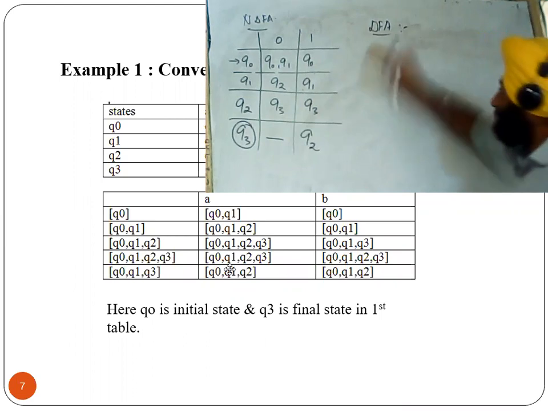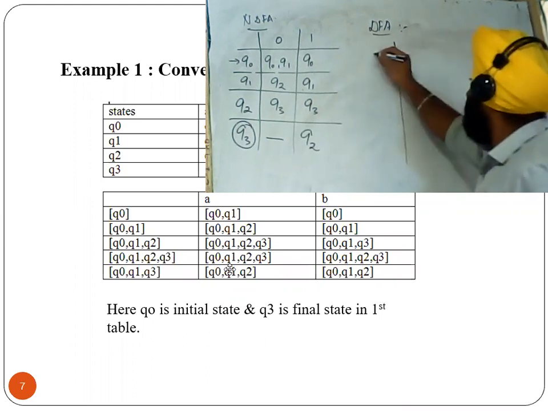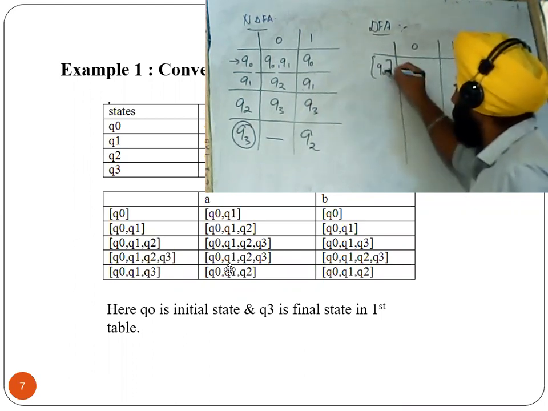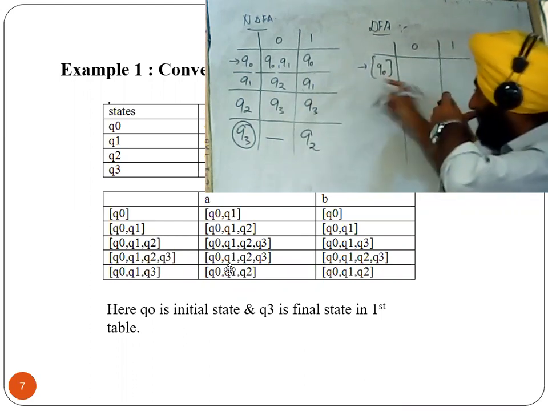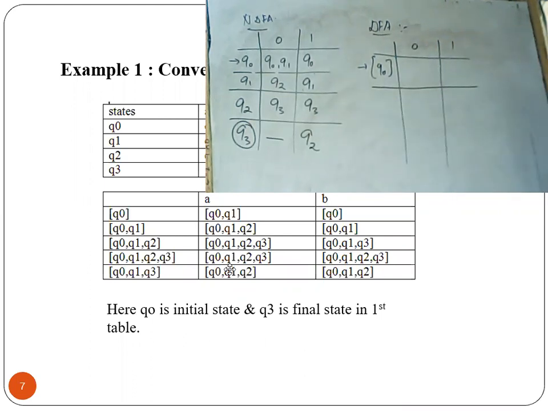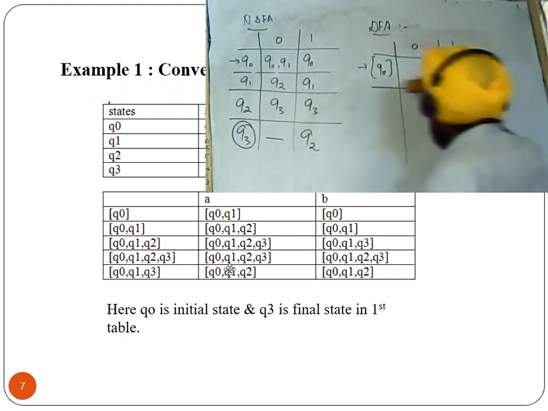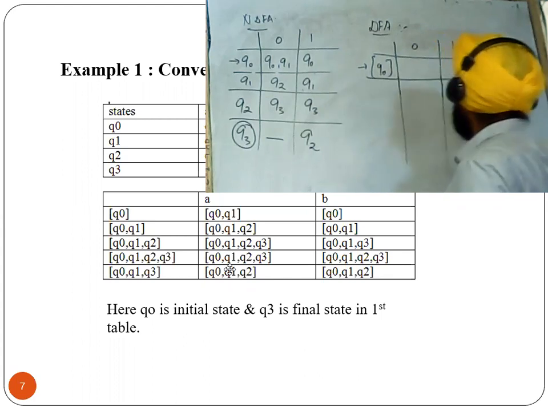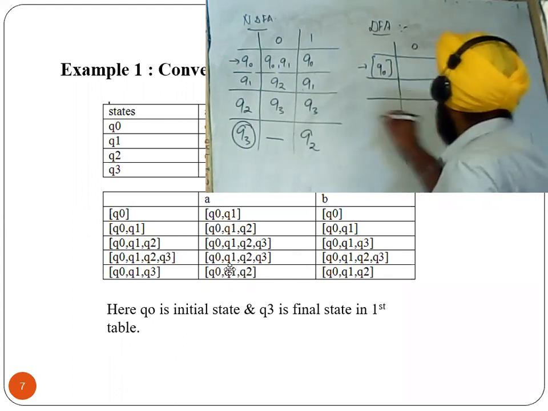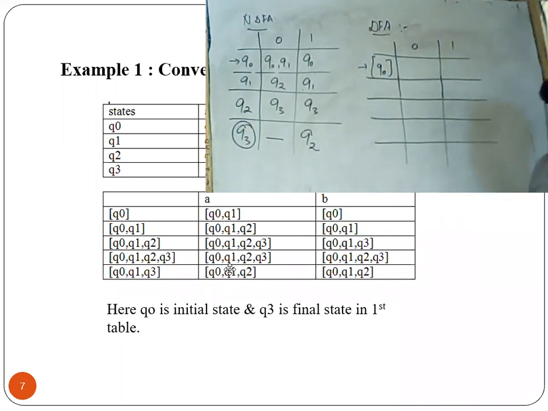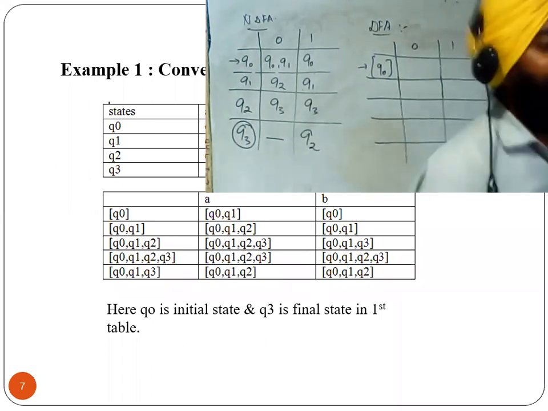First of all, in DFA always start with the initial state, that is your Q0. After that, forget about all the other states. Always start with the initial state. Now you have to represent your states with square brackets.